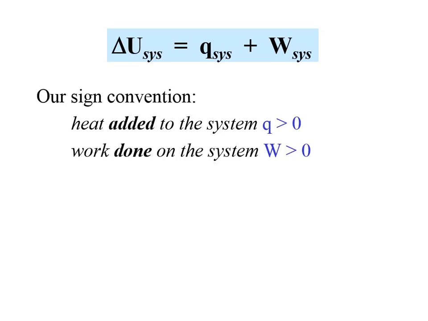Now, we actually have work done on the system, and I know the word done is bolded, but to me, what needs to be bolded is on. Work done on the system. You're beating on the system. Okay. That is actually a positive W.